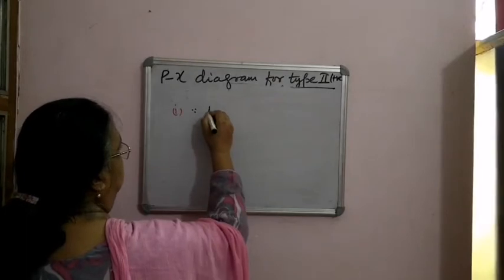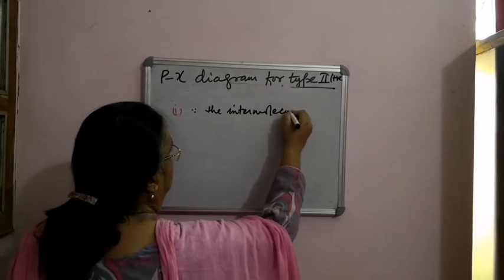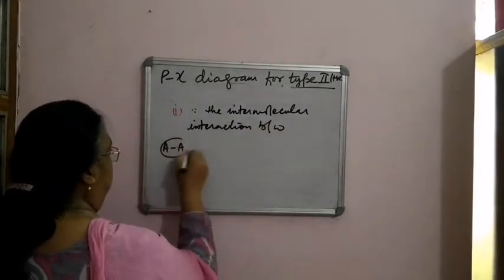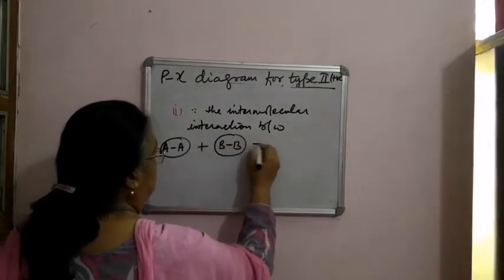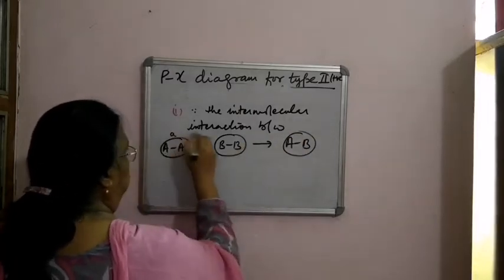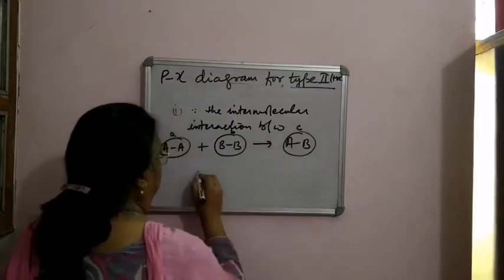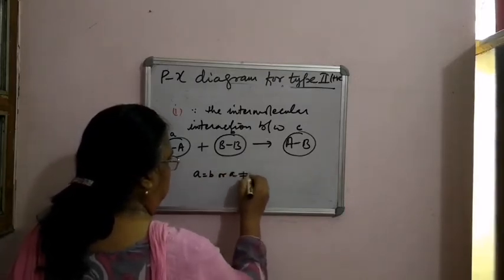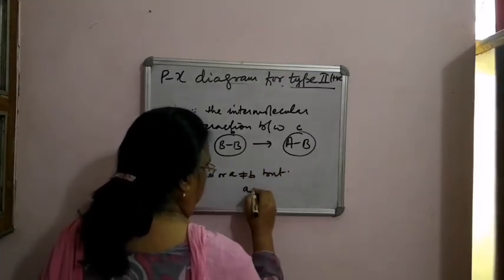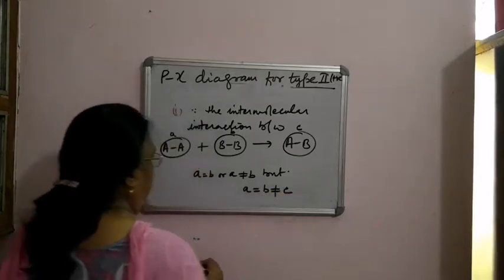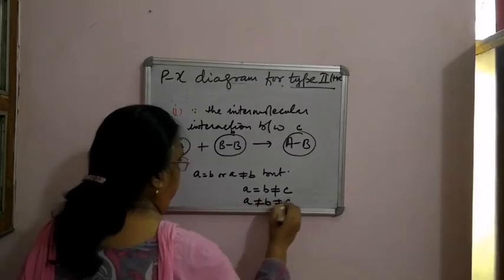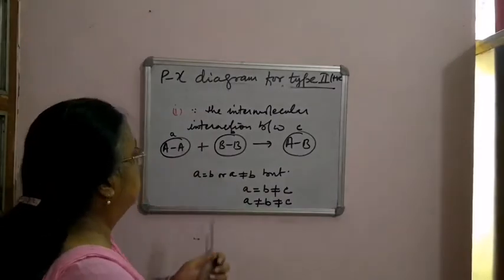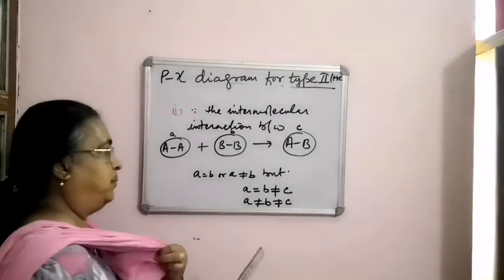Because of the intermolecular interaction between A and A, B and B, and A and B. If the interaction A is A, B is B, and here it is C, then A may or may not be equal to B, but surely A is not equal to C. It means the interaction between these two components when they have formed a solution is not exactly the same as in their pure state.